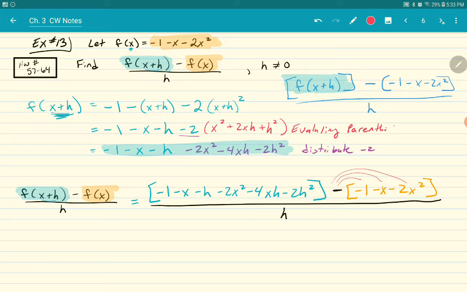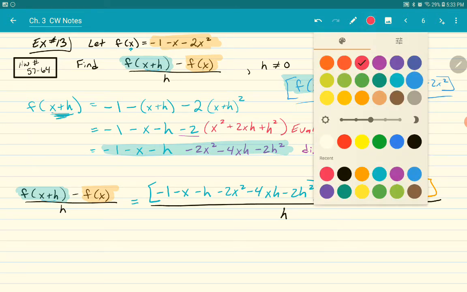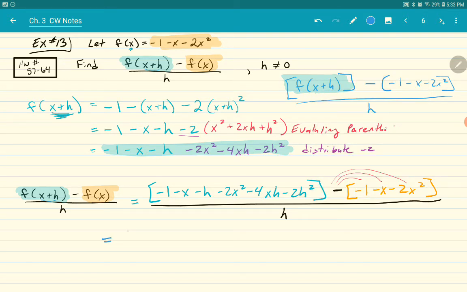I don't need to do anything to the first bracket, the blue, because there's no negative sign in front. So I'll just rewrite it: -1 minus x minus h minus 2x squared minus 4xh minus 2h squared. And now I have to distribute that negative into the orange.